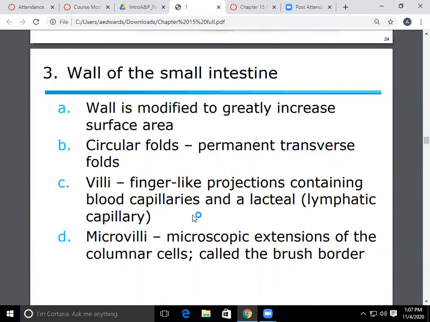You also have villi, which are finger-like projections. They have capillaries, as well as what we call a lacteal, which is a term for a lymphatic capillary, for absorbing tissue fluid. You also have microvilli, which are microscopic, and we call that the brush border.